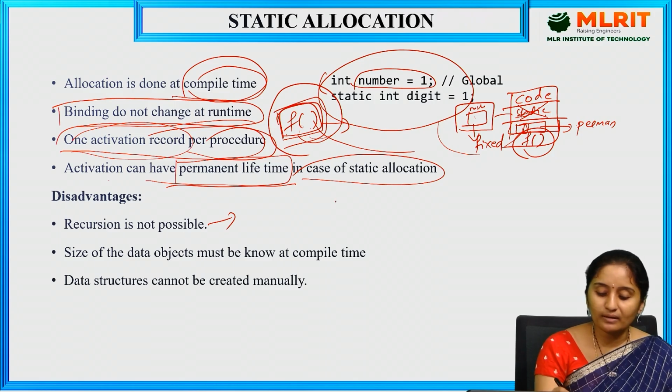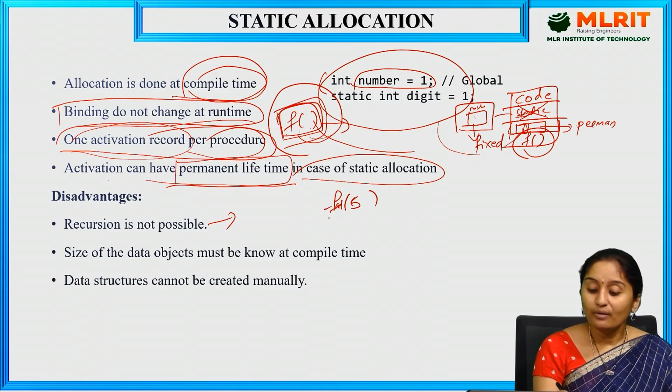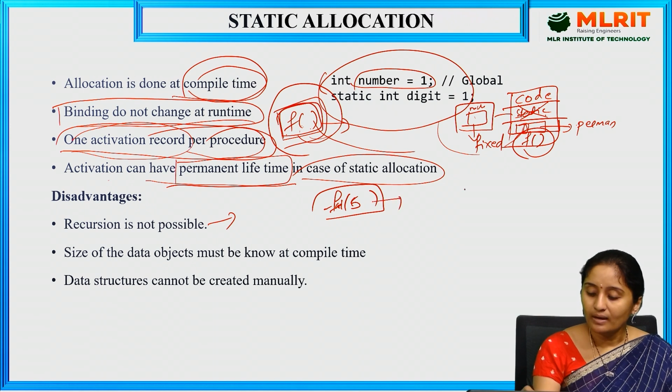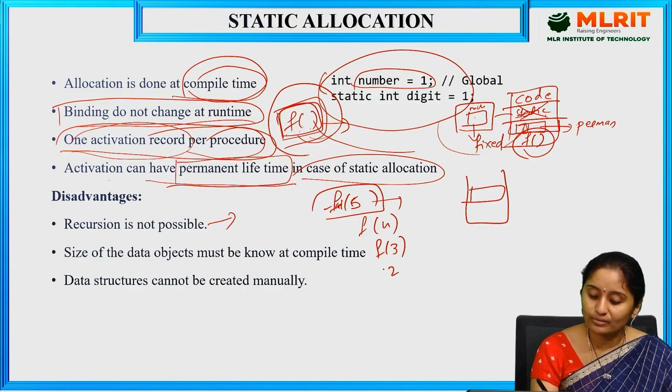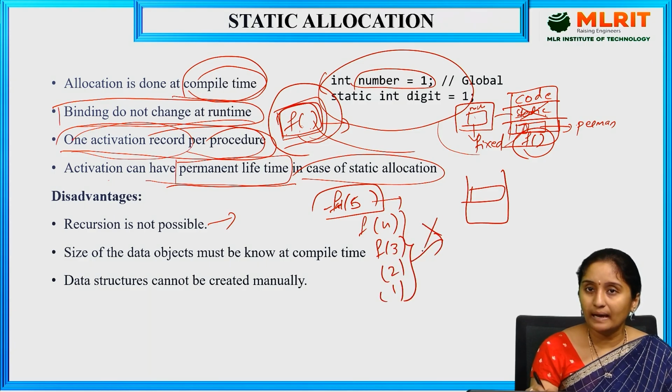Coming to recursion, let me take fact of 5. When it is initially called, some set of memory will be allocated at compile time when fact of 5 is compiled. But as it is recursive, fact of 4 will be called, then fact of 3, fact of 2, fact of 1. For all these, memory will not be allocated. Why?